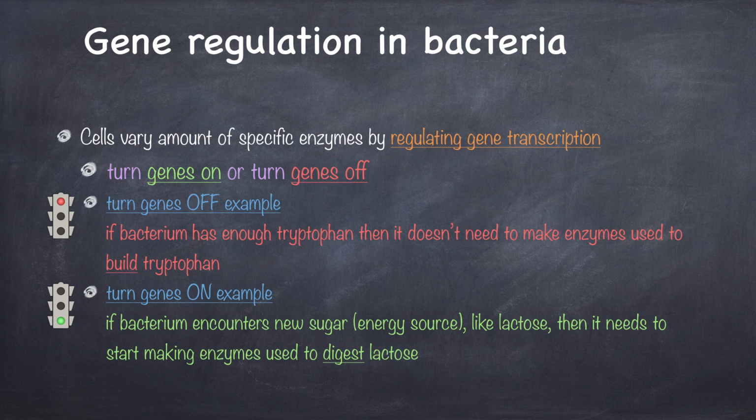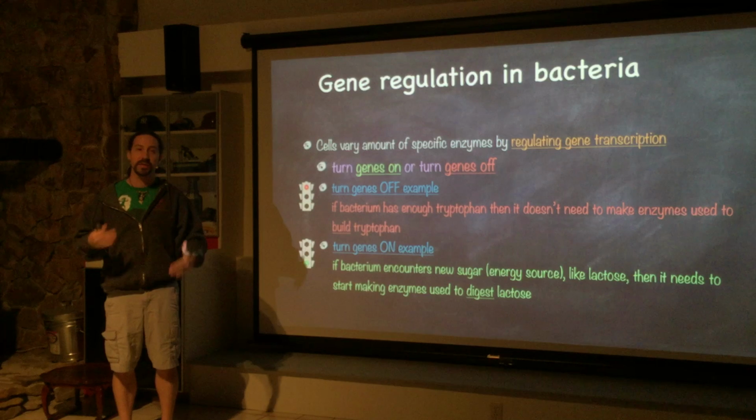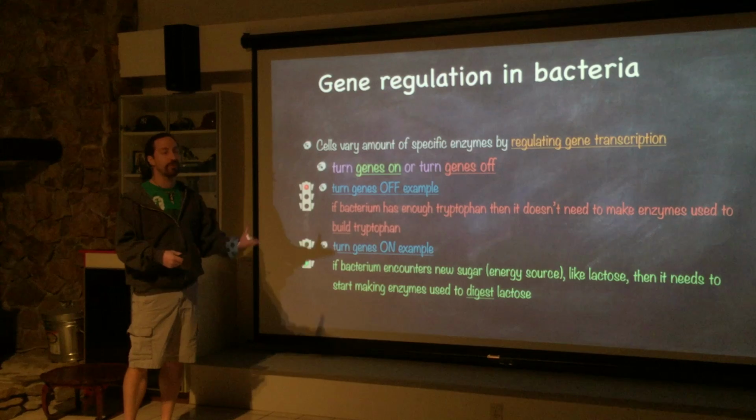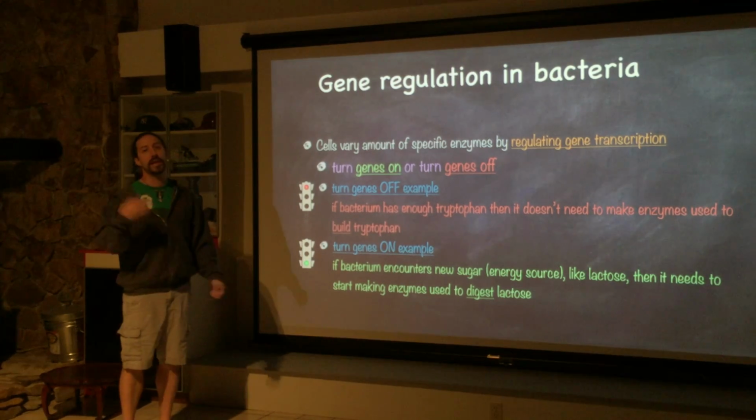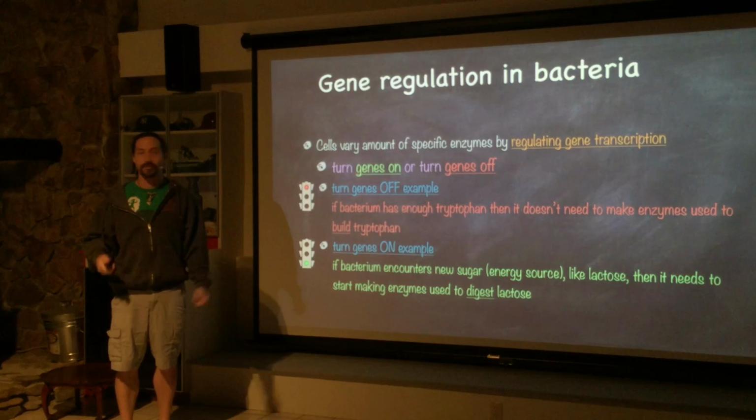For us, we're going to be looking at an example with tryptophan, where the prokaryote turns the specific set of genes off when it has enough tryptophan present. On the other hand, we're also going to be looking at when the prokaryotes turn the genes on. In this case, it's going to be dealing with lactose. And when lactose is present, they will turn on the digestive mechanism so that they can digest the lactose.